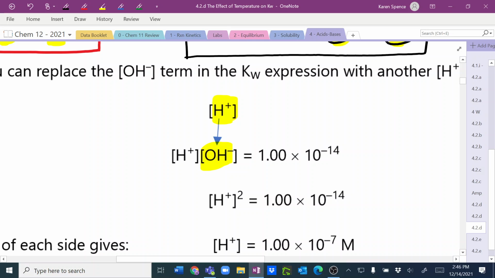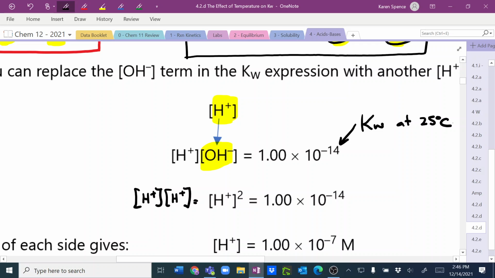Instead of hydrogen times hydroxide, I could write it as hydrogen times hydrogen, yes? Which would give me hydrogen squared. And that's equal to Kw, okay? At 25 degrees Celsius.